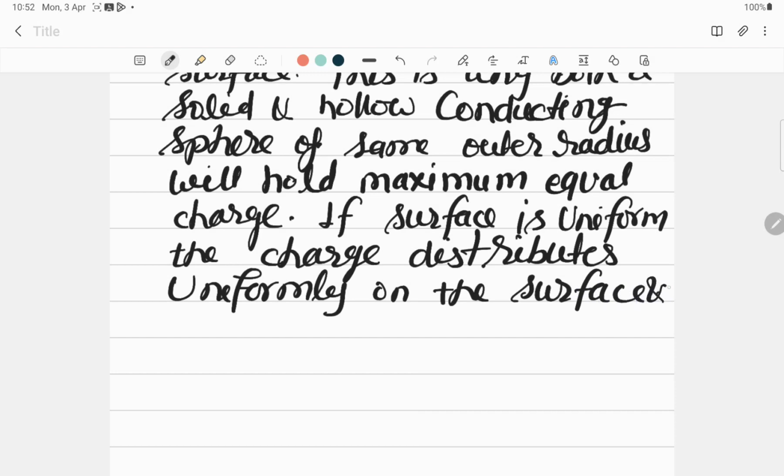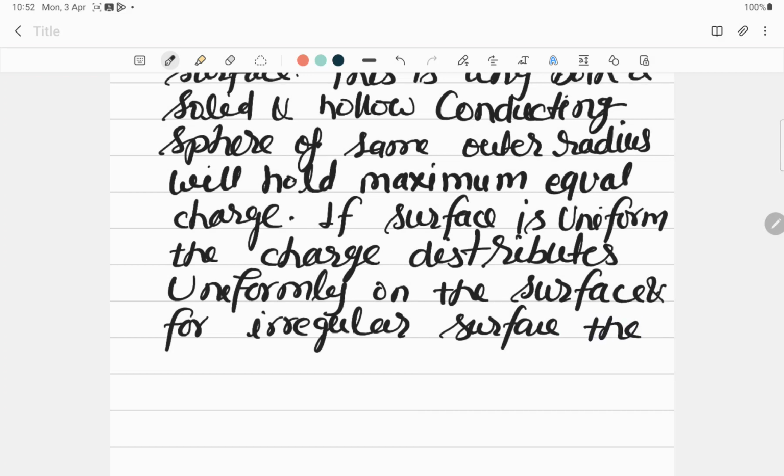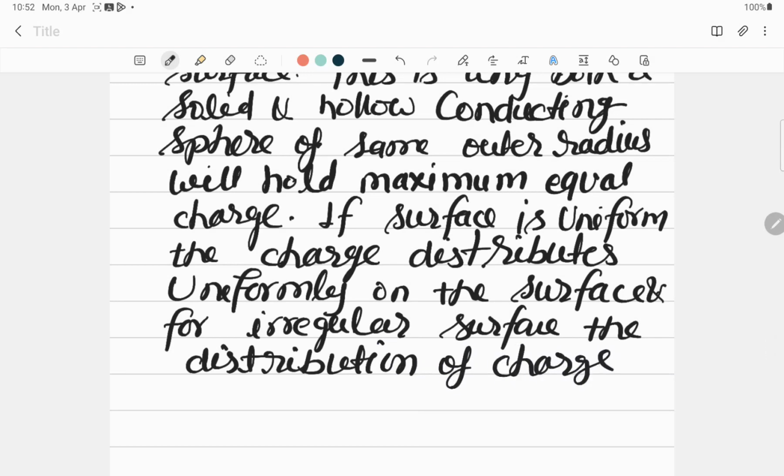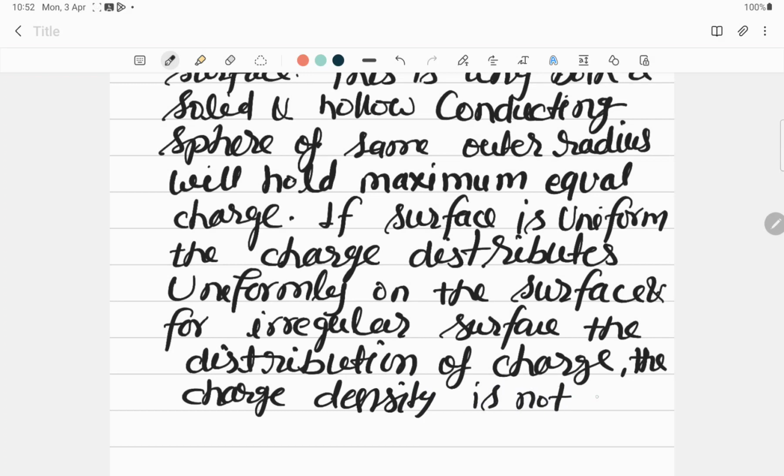And for an irregular surface, the distribution of charge, the charge density, is not uniform.